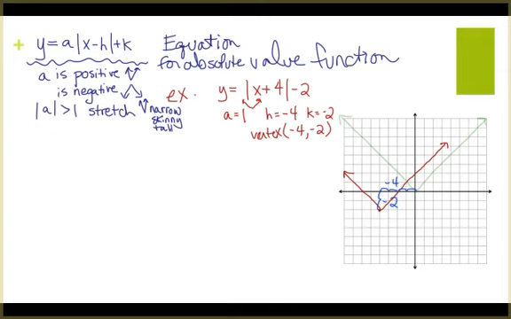And then if the absolute value of a is between 0 and 1, basically if it's a fraction between 0 and 1, because if it's a negative, we know it just flips over, then it's a shrink. And again, that is kind of weird for me.